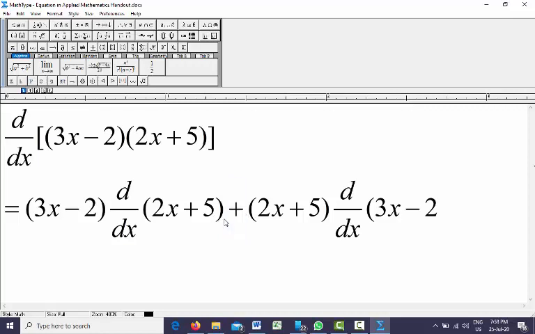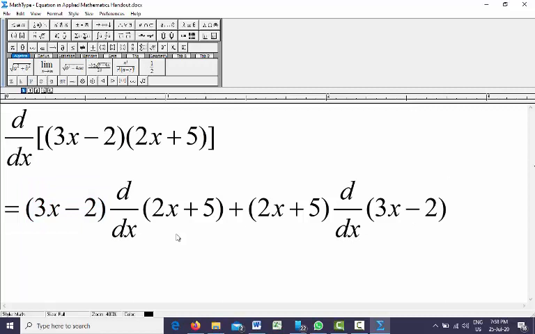So now this one was in front of d by dx in the previous term. Now this one will go behind d by dx after this plus sign, and the one that was behind d by dx should come in front of d by dx.